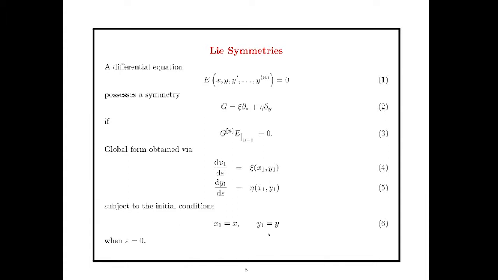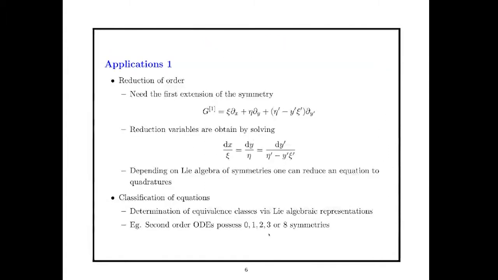So for ODEs, what we tend to do is we first look at reduction of order. What is very nice about the Lie symmetry approach is that once you have a symmetry, you have a systematic way of reducing the order of the equation. Importantly, you find your reduction variables by solving what we call an associated Lagrange system or characteristic system.